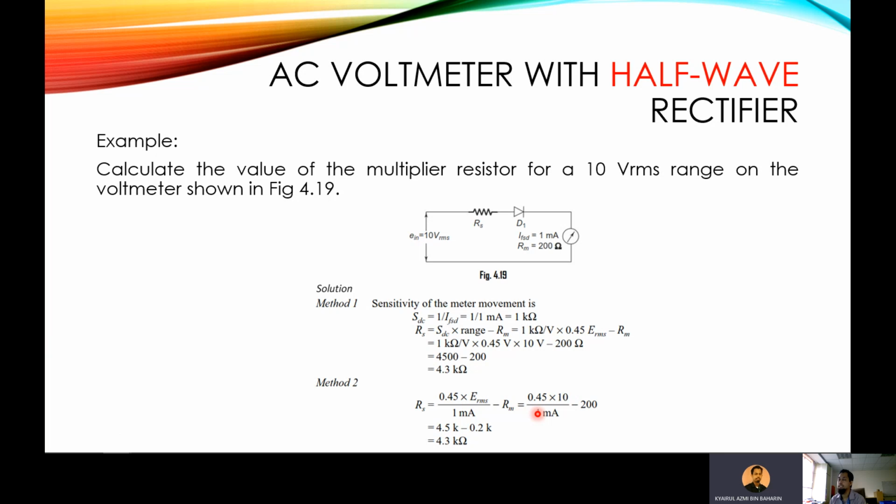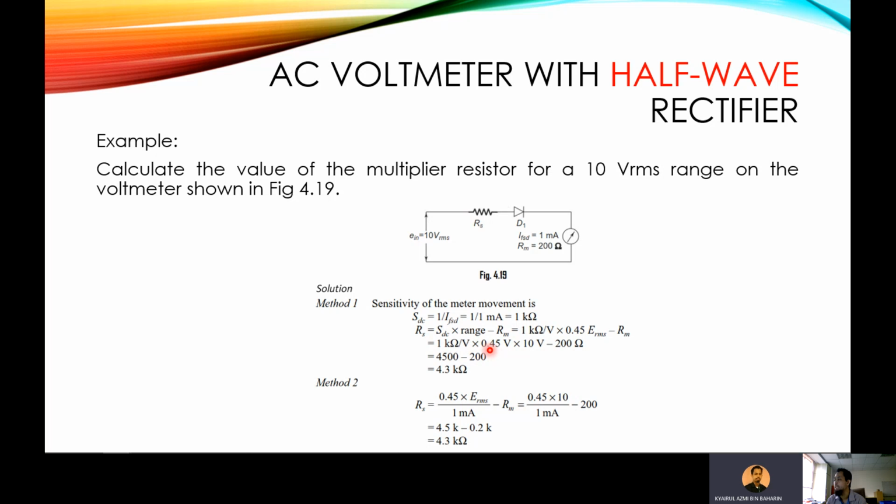There are two methods that can produce the same answer. The sensitivity of the meter is given as 1 divided by 1 milliamp, so 1 kilo ohm per volt. Rs, which is the multiplier resistance, the series resistance, we can find by multiplying S DC, 1 kilo ohm per volt, by the range.